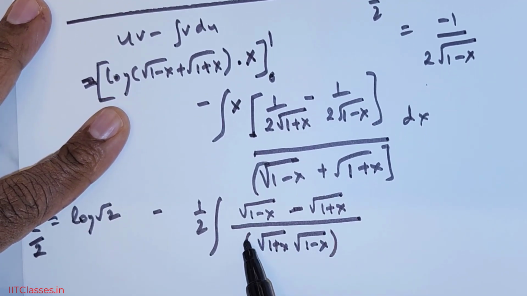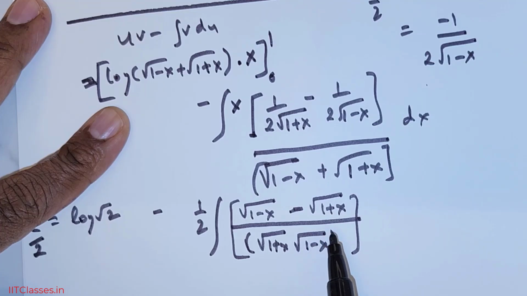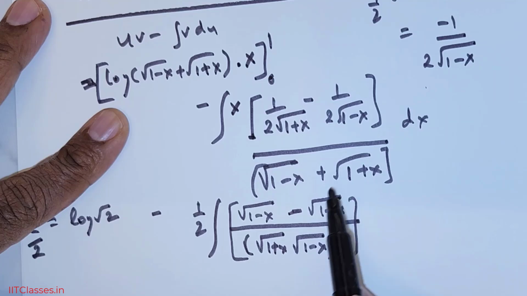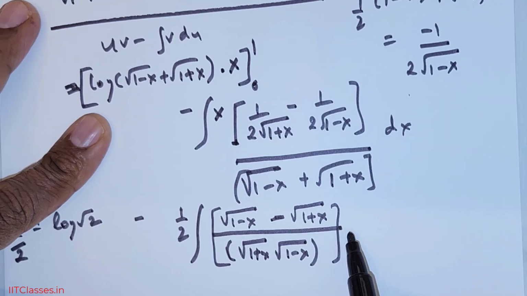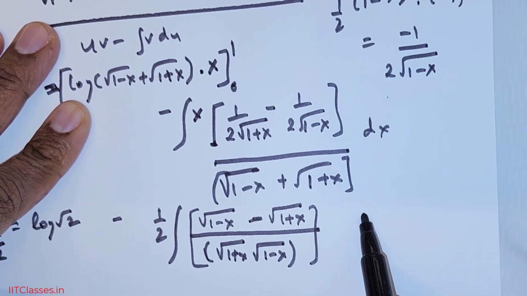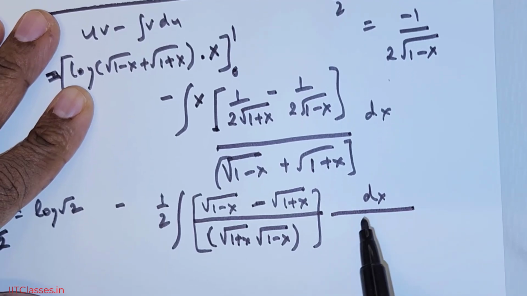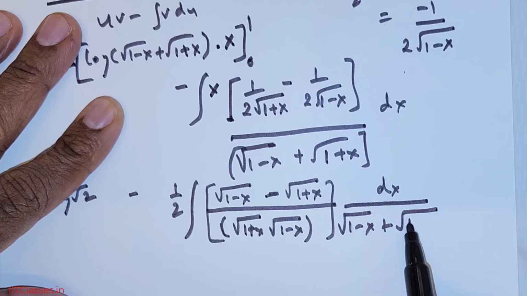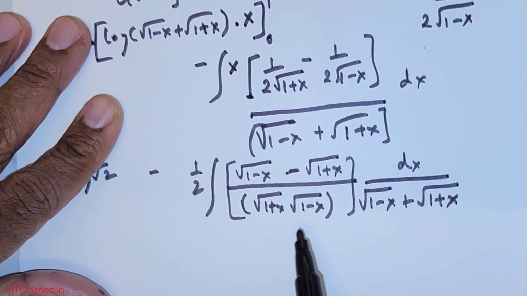This is what we have in the numerator. Now if you were to flip this, this will come to the denominator. So you have dx over root of 1 - x plus root of 1 + x.